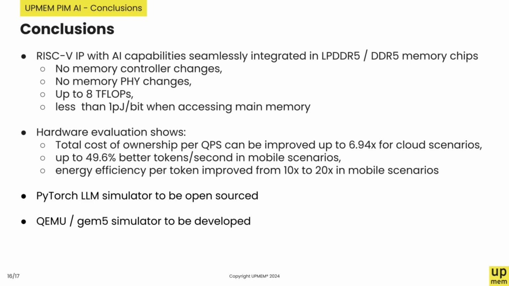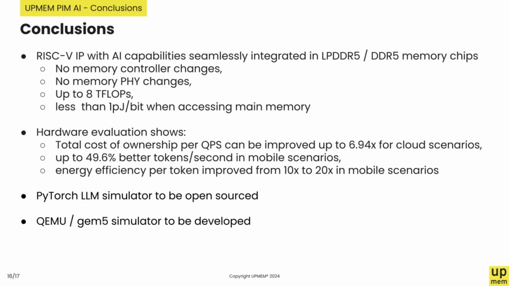We will have up to 8 teraflops, and again, we will have less than 1 picojoule per bit when accessing main memory. And in the hardware evaluation with the simulator, we showed that the total cost of ownership per query per second in a cloud scenario can be improved almost up to 7 times.